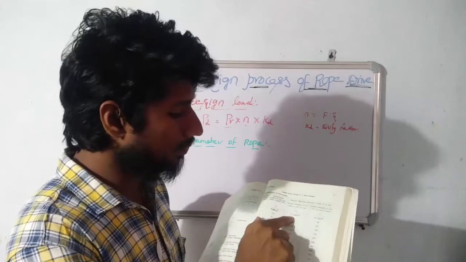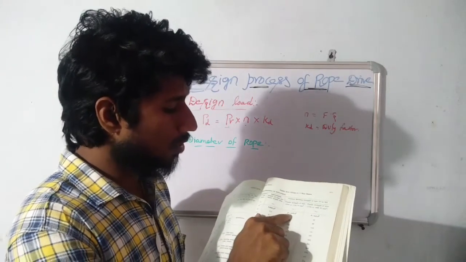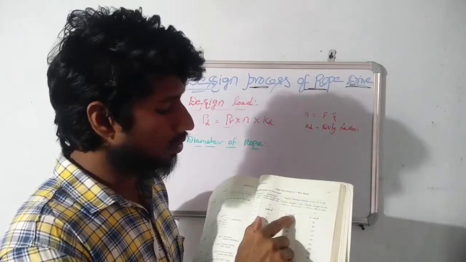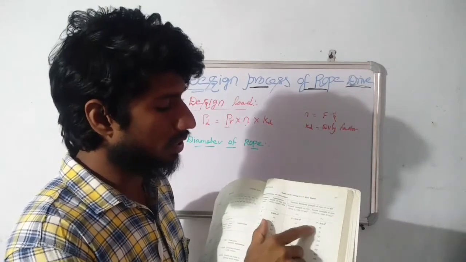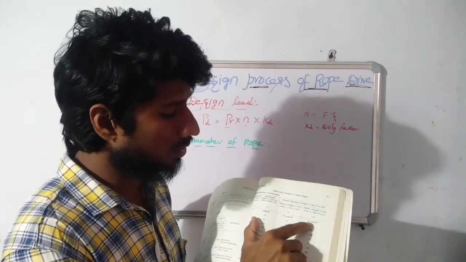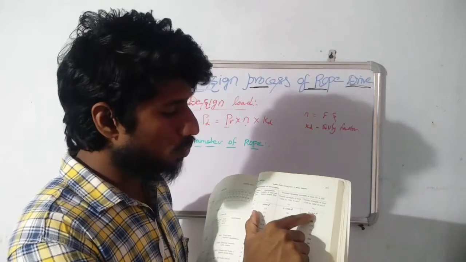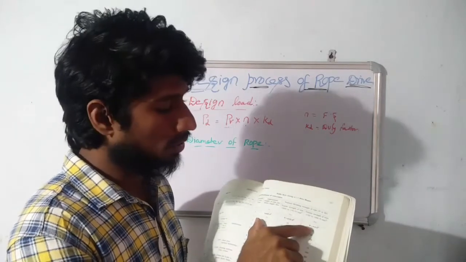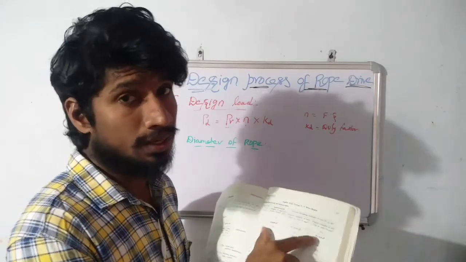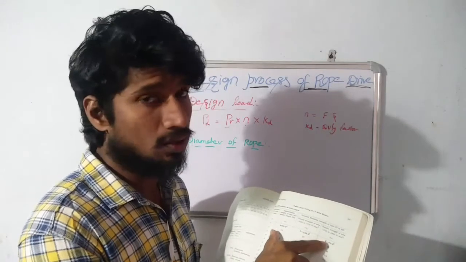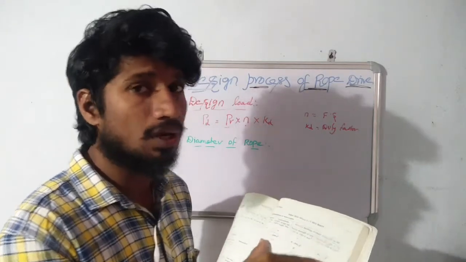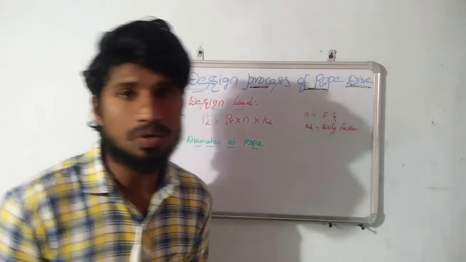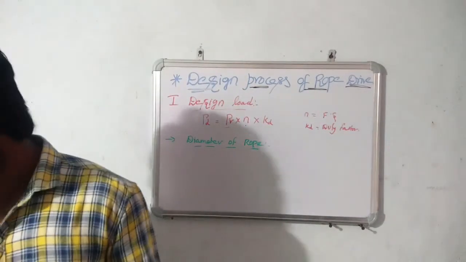In this condition, consider the load condition: P equal to, for example, 0.53 d square here. In case of high load condition, P equal to 0.6 d square. Here P is nothing but the design load. By equating this design load, we get the diameter of the rope. So this is the way to find out the diameter of rope here.